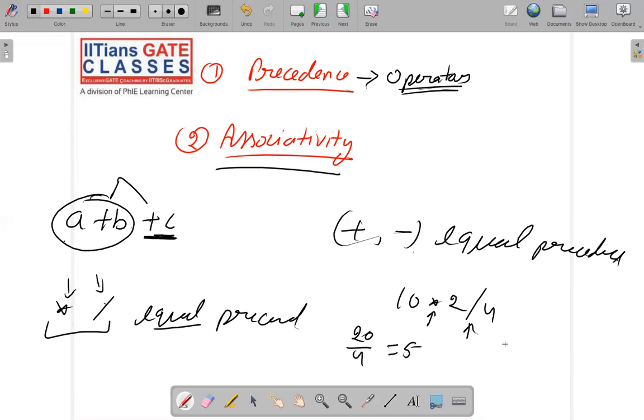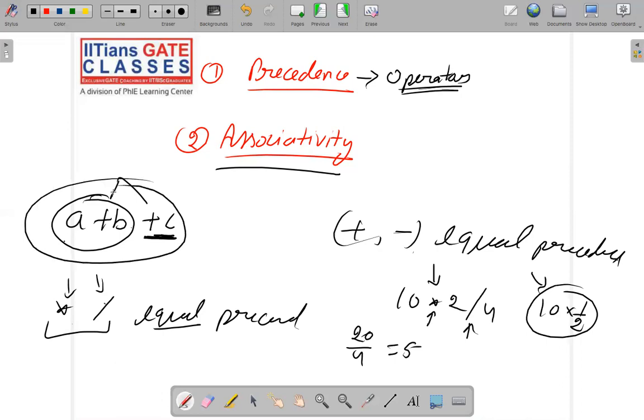If you evaluated the other first, I think it will be the same, but it may change in some cases. Right now I cannot think of an example, but you should evaluate as per the precedence as well as associativity. If two operators, or a single operator, have equal precedence, as in the case of a plus b plus c, it will follow associativity.